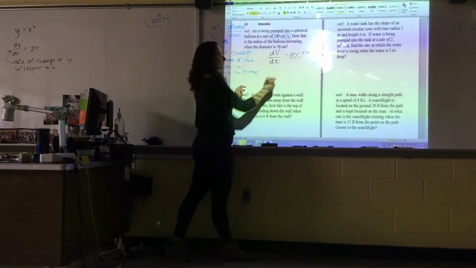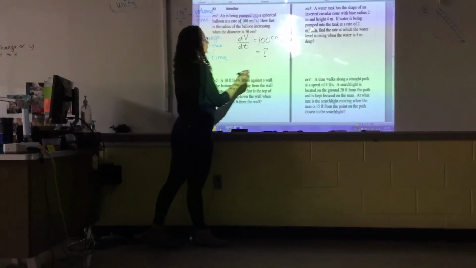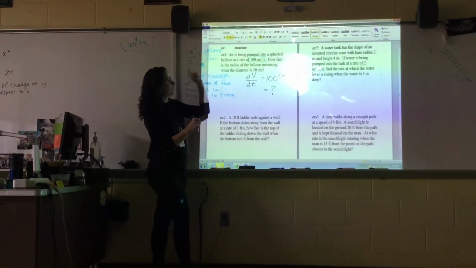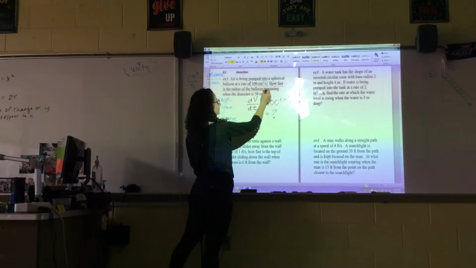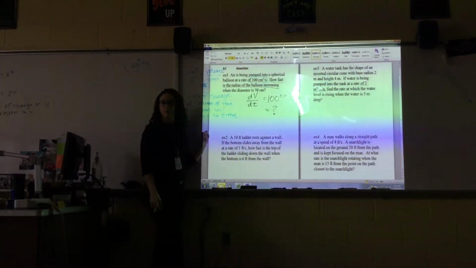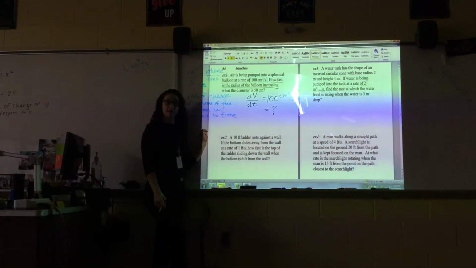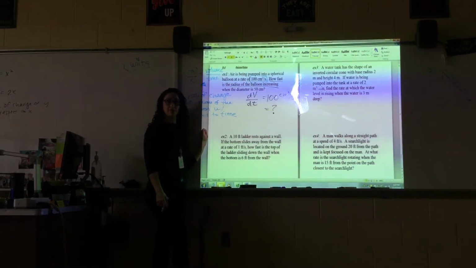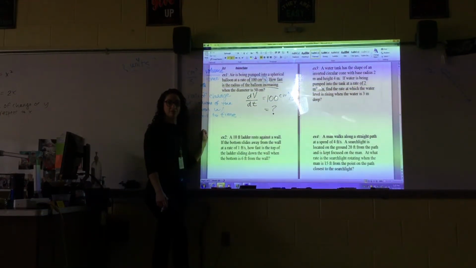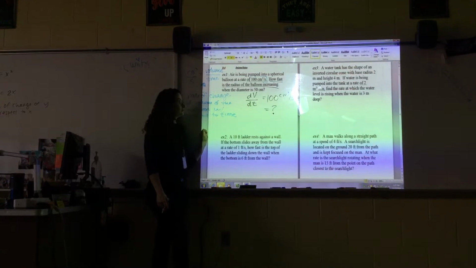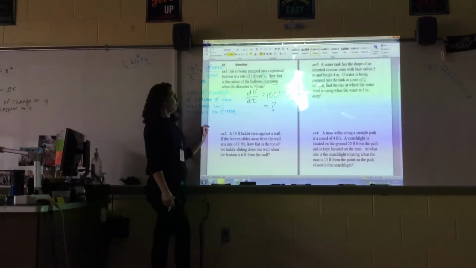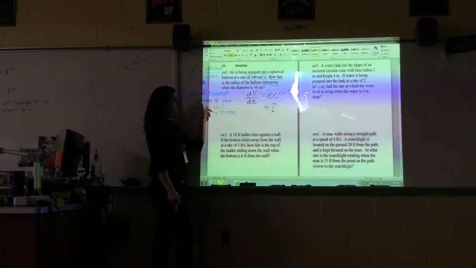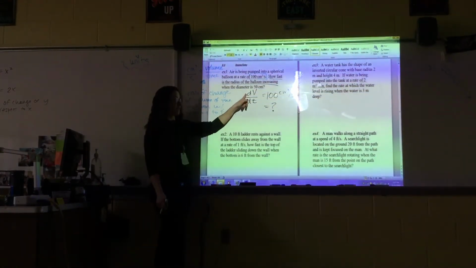Okay, what's my unknown on this one? I want to know how fast the radius of the balloon is increasing. Time will tell me how fast it's increasing. My radius is increasing. The rate of change of the volume of the balloon with respect to time is represented by dv dt.